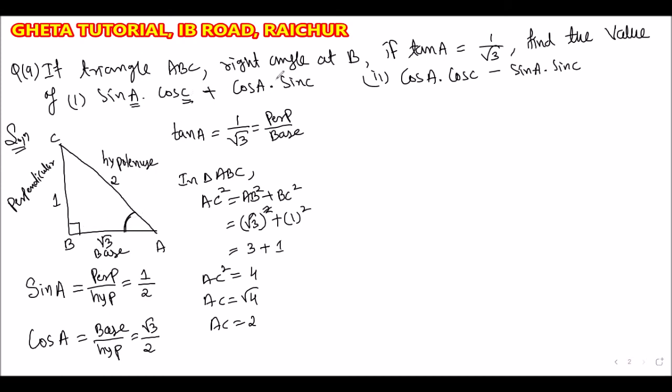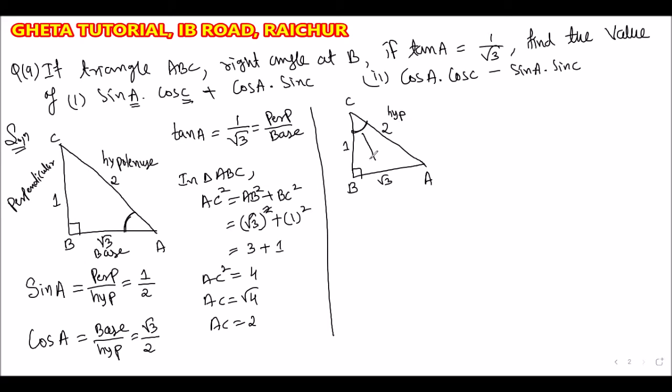If you want to find sin C and cos C, then I have to draw one more figure. Everything is the same, only the angle changes: here 2, here 1, and here root 3. For angle C, the side opposite 90 degrees is the hypotenuse, the side opposite the angle is the perpendicular, and BC now becomes the base.